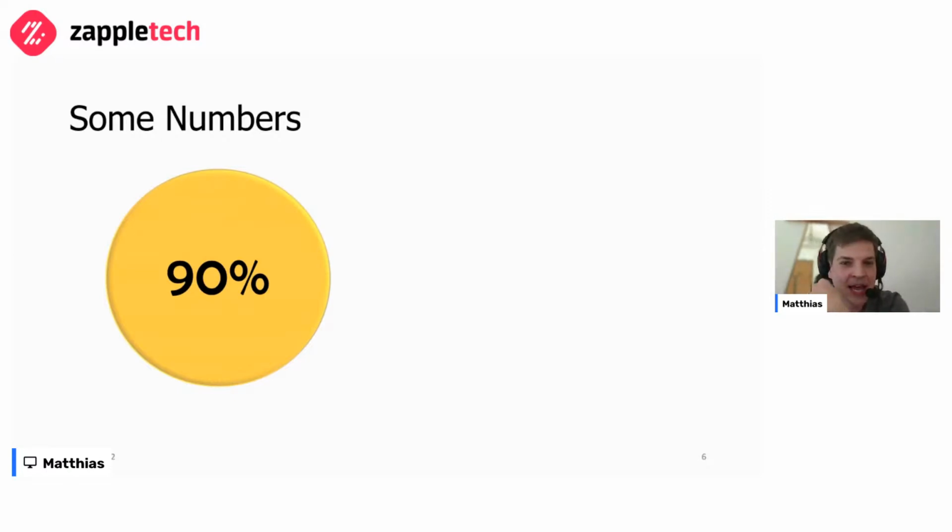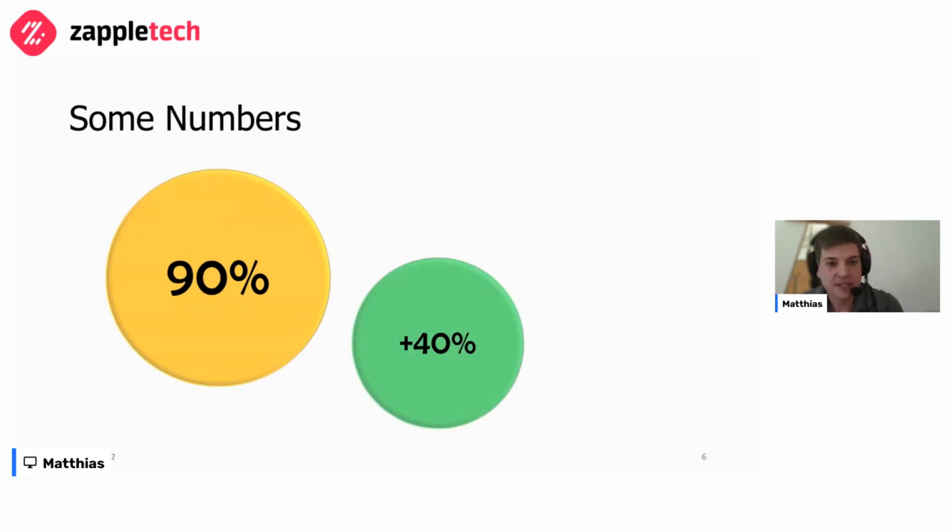The next number, 40%, and this is a year-to-year comparison from 2020 to 2021, we had a plus 40% of malware attacks. And this curve is going very, very high. I'm quite sure this year we will have much more than 40%.